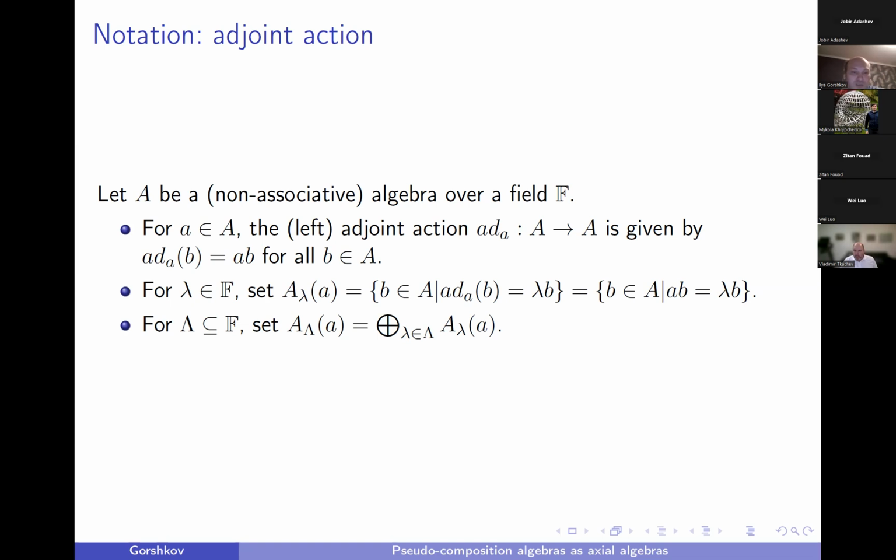If we take any lambda of our field F, then A sub lambda of a defines the eigenspace with eigenvalue lambda. And if we take any subset, capital lambda, of our field, then A sub capital lambda of a is a direct sum of the eigenspaces with eigenvalues lambda, where lambda is an element of capital lambda.